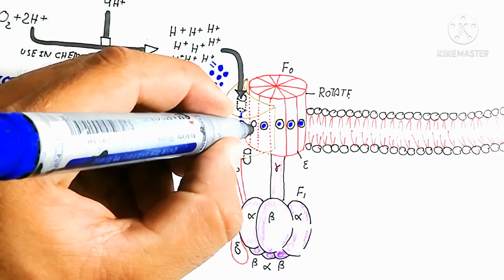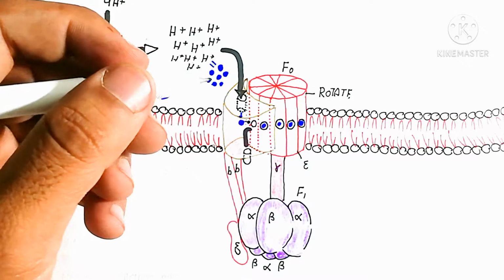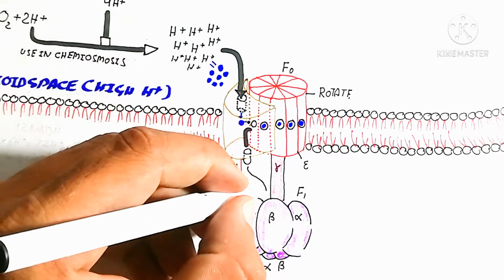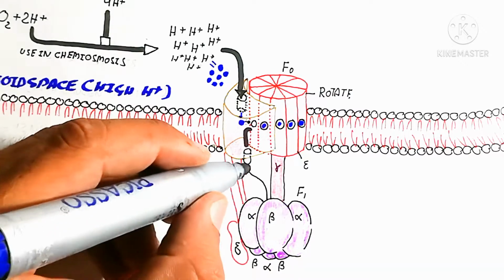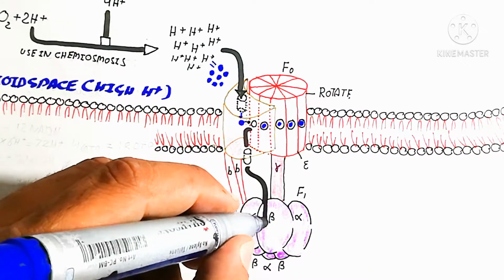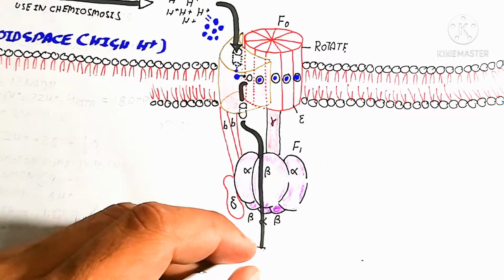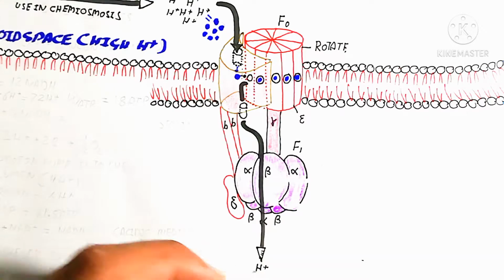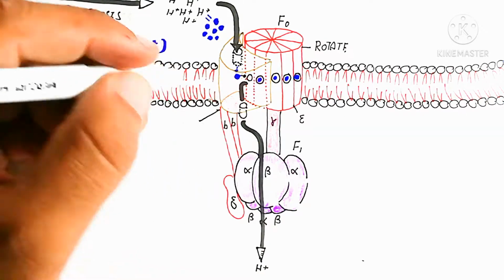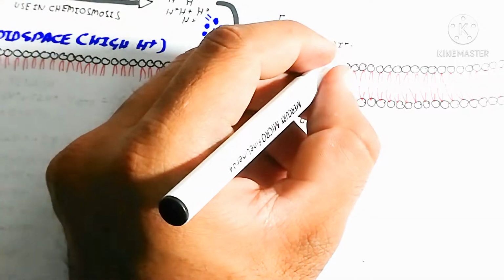So the empty space of the proton acceptor site accepts the proton, and one proton will be released due to the high proton concentration. So 2 protons will not stay in this region. It means they move through the epsilon, gamma to beta unit monomer, and the proton will be excreted outside.